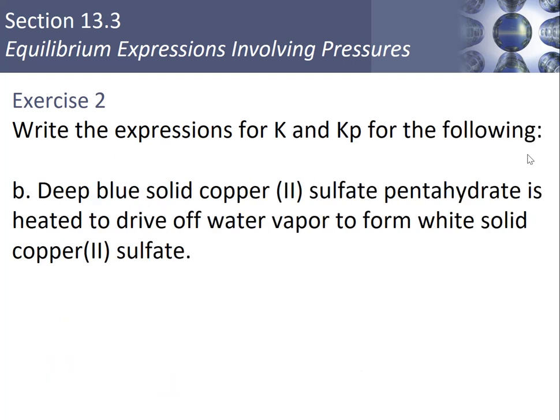Part B, deep blue solid copper(II) sulfate pentahydrate is heated to drive off water vapor to form white solid copper(II) sulfate. Write the Kc and Kp expression for this reaction. But first, write the balanced equation.